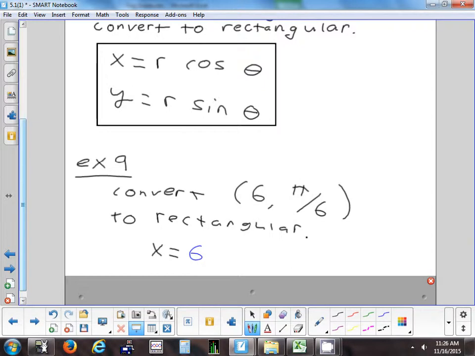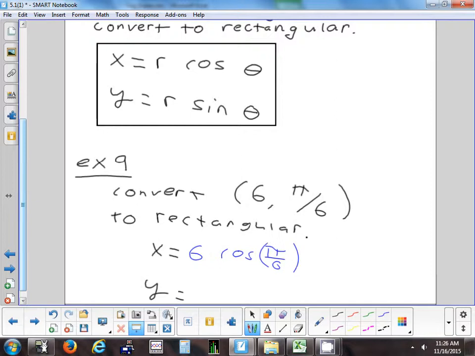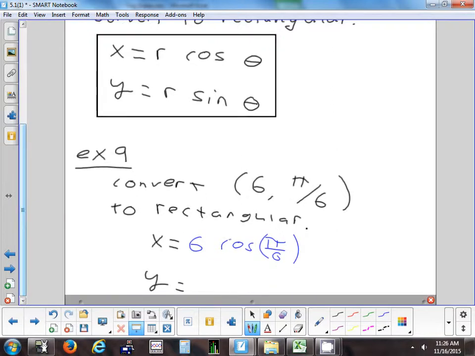Just make sure you match up x equals with x equals. Good. And can you tell me what y is going to be? 6 sine pi over 6. Good.